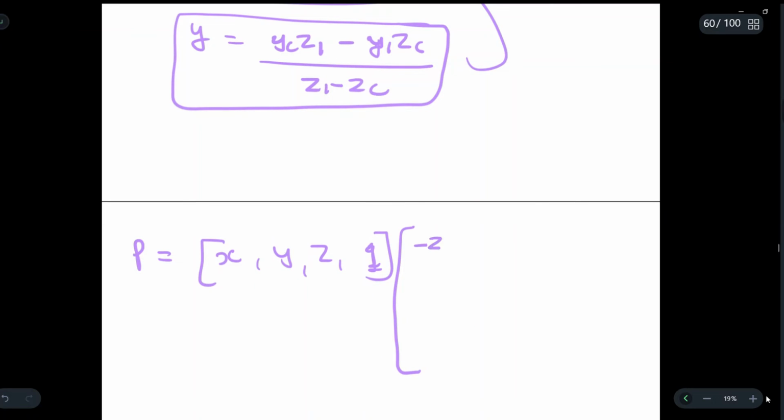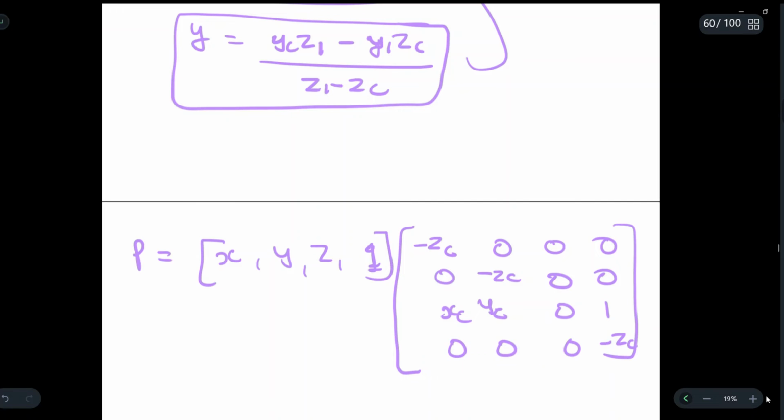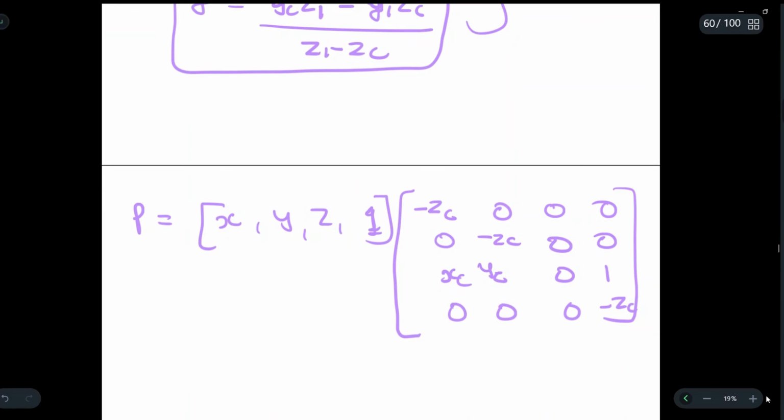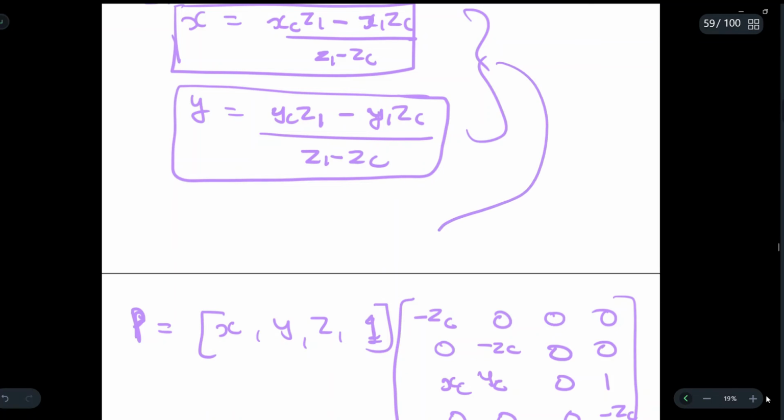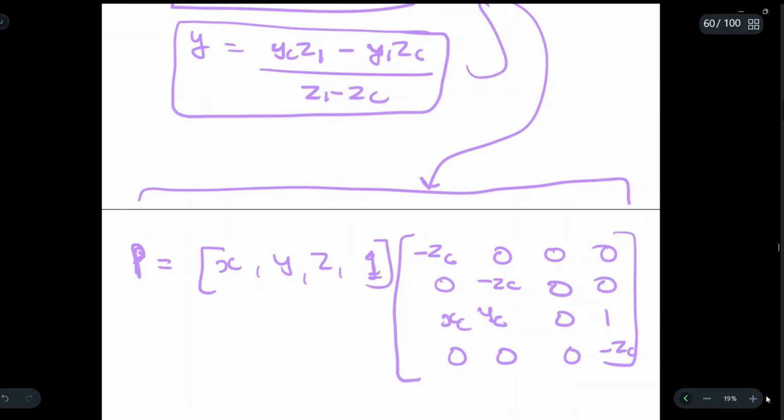And over here we will get minus zc, 0, 0, 0, 0, minus zc, 0, 0, xc, yc, 0, 1, and 0, 0, minus zc. So this is what we will get on finding the matrix form using these 2 equations. That is, these 2 equations can be represented in the form of a matrix as written below. When you multiply these 2 matrices, you will get the same parametric equations as we had got earlier.